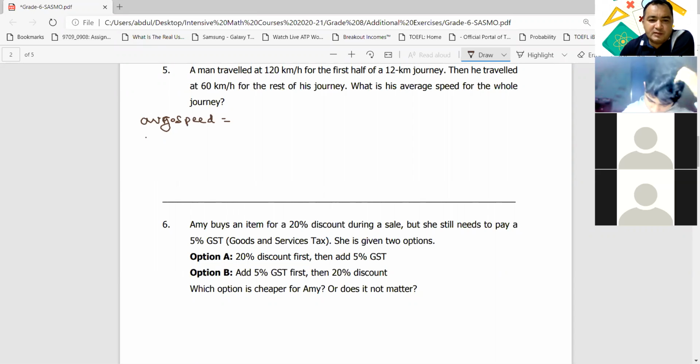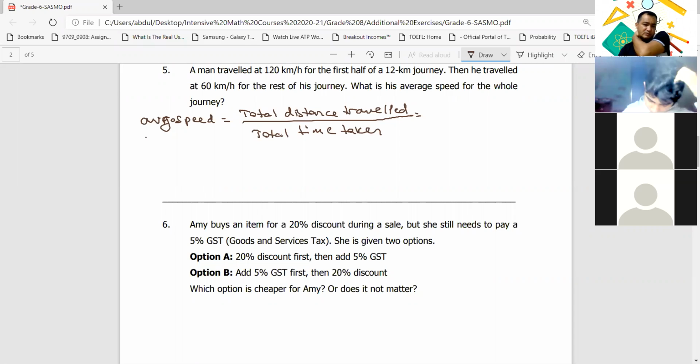Okay, guys, average speed is what? Total distance traveled over total elapsed time, or total time taken. What is the total distance traveled?